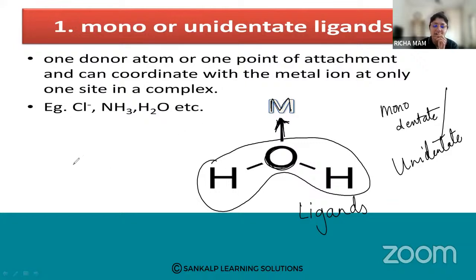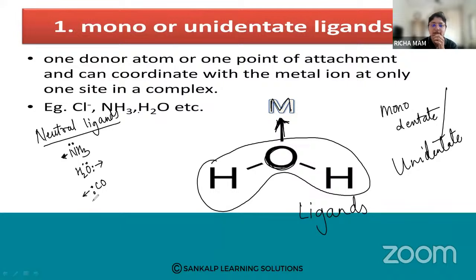What can be the other examples? Examples are neutral ligands and negatively charged ligands. Which are the neutral ligands? Please write these examples of the unidentate ligands. The neutral ligands are NH3, ammonia, which gets linked. Then water, that is aqua, where oxygen gets linked. Then the carbonyl group, which gets linked to the central metal atom.